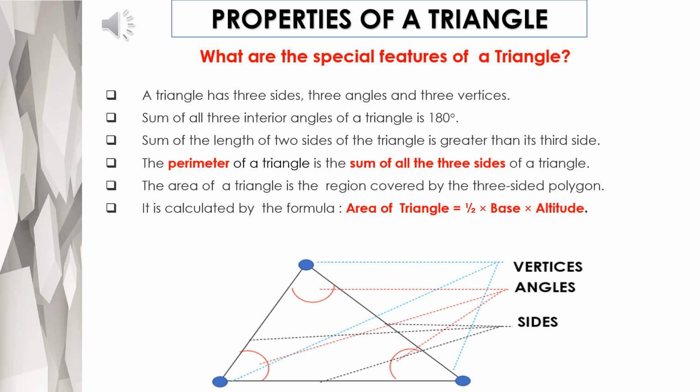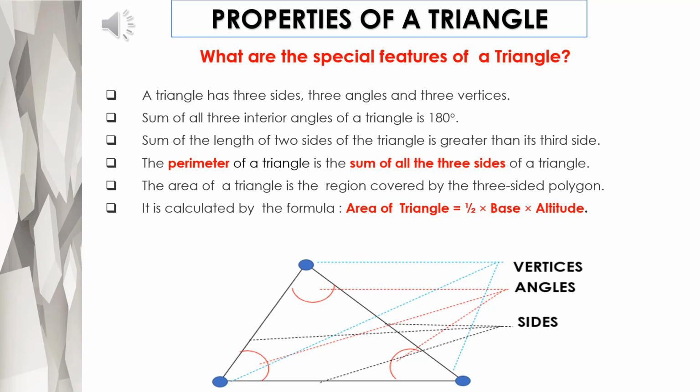To find the perimeter of a figure, we have to add the lengths of its sides. Therefore, the perimeter of the triangle will be the sum of all three sides of the triangle. Correct? Am I clear?